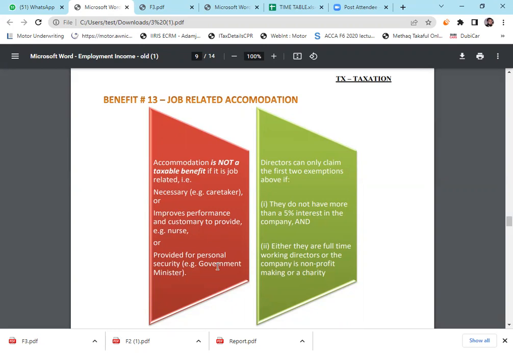So if an accommodation is necessary, or is going to improve the performance, or it's necessary to stay because of personal security, if any of these three conditions is satisfied, then this is a job related accommodation, and job related accommodation is tax free. Yani there is no tax, no working, only we will write exempt like canteen, like other exempt benefits.